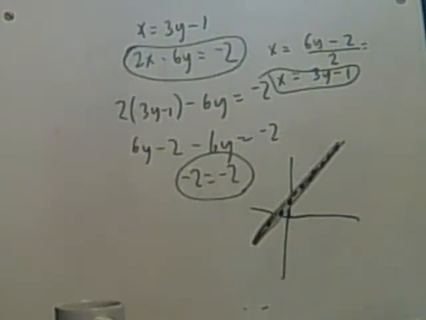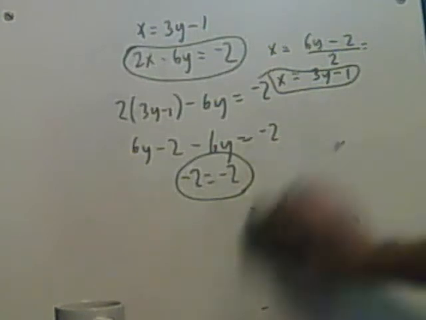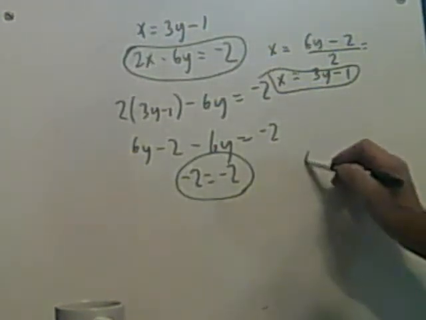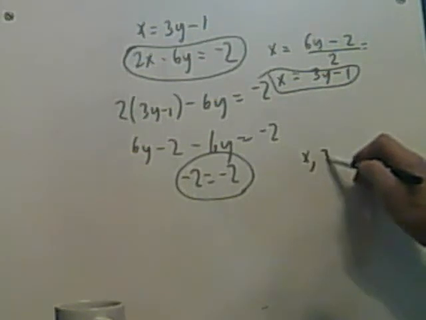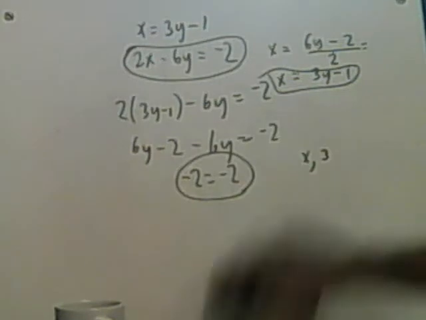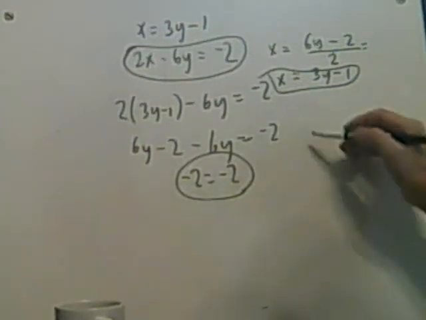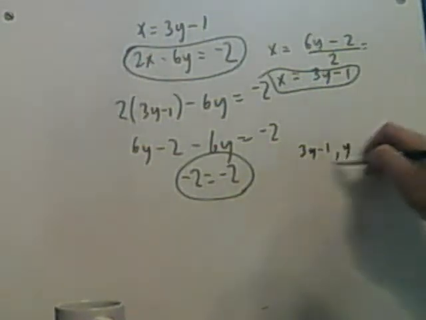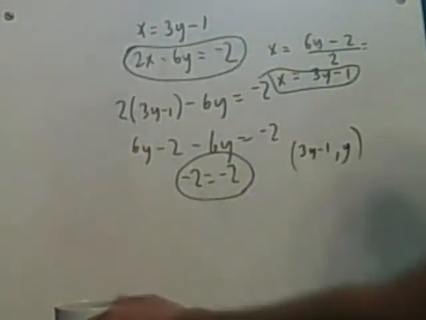Okay. I'm not sure how they want you to express that. One way to express it would be that the solutions are x and y, where the solutions could be expressed as 3y minus 1 and y for any value of y.